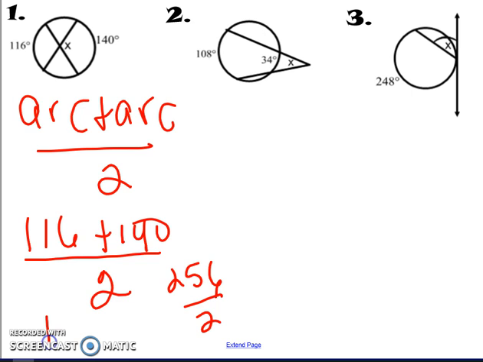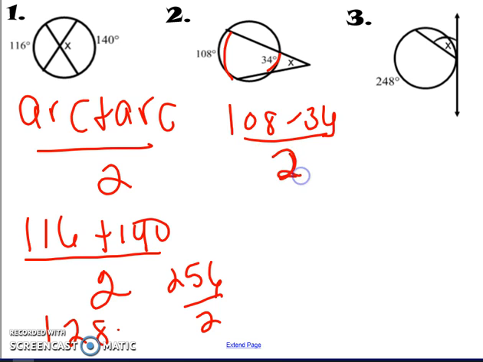So our x is going to equal 128 degrees. For our second one, our vertex is outside, so it's arc minus arc divided by 2. So 108 minus 34 makes 74 divided by 2. So on this one, we have 37 degrees.